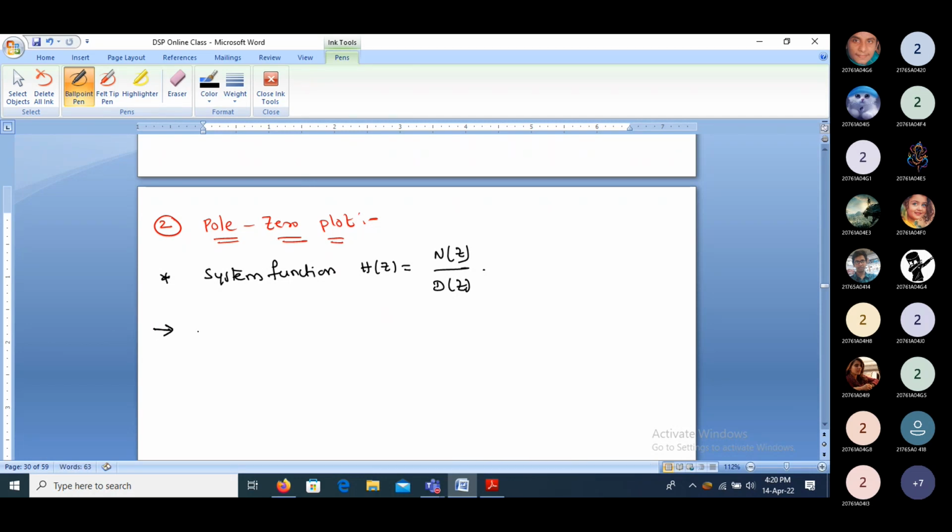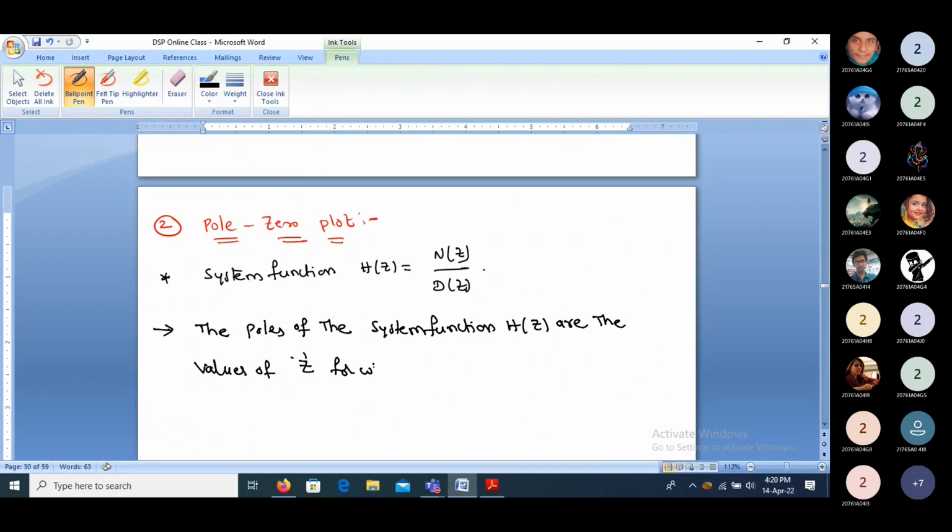Clearly observe my statement. The poles of the system function h of z are the values of z for which h of z is equal to infinity.